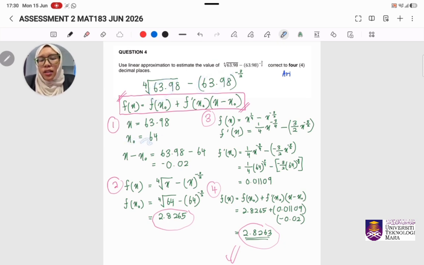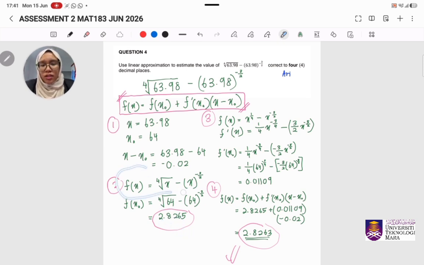Then the x null, we have to refer to this x and make it an integer number, which is 64. Next, we have to do x minus x null, and then we get negative 0.02. The second step, we have to refer to this equation and replace the number with x. For f(x null), we replace it with the x null number, which is 64, and insert the equation in the calculator, and then we get the answer.